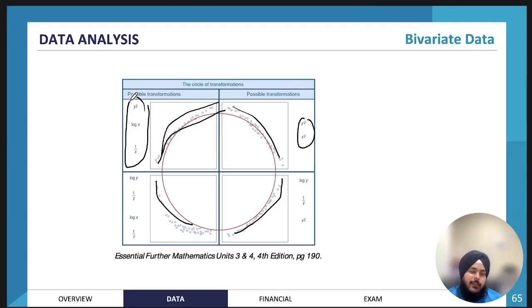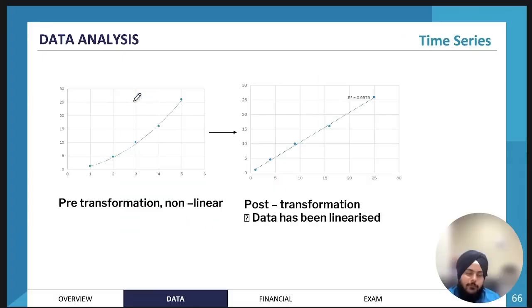Probably R squared, because it's 0 to 1, so there's no direction. So the one that gives you the highest R squared is the one you should use. Let's say y squared gives me the highest R squared value out of the other two. Therefore I should use that as my transformation. I hope that makes sense.